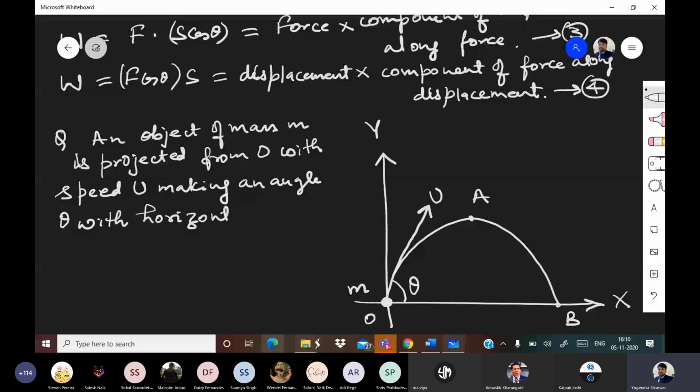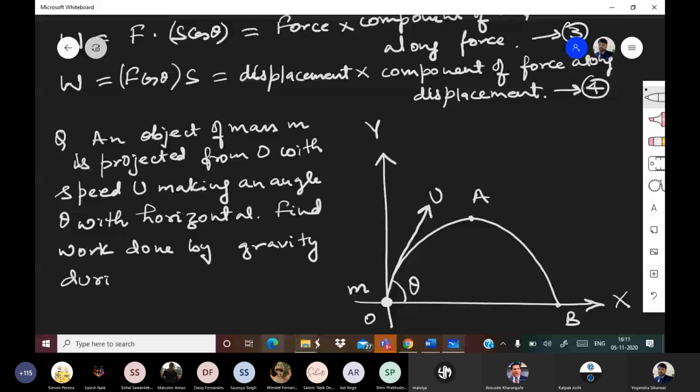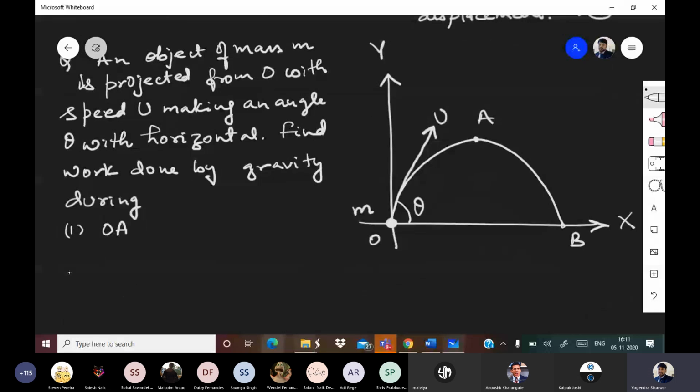Find work done by gravity during number 1, OA, number 2, AB, and number 3, OAB.